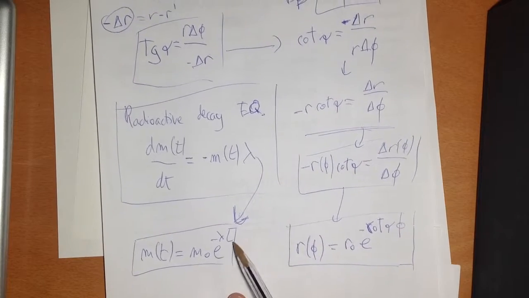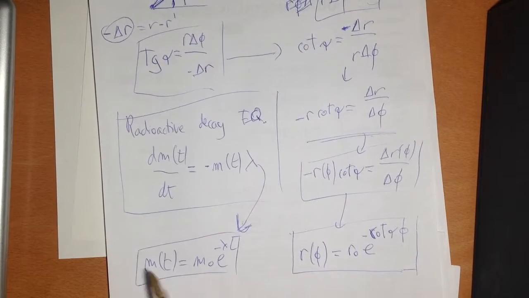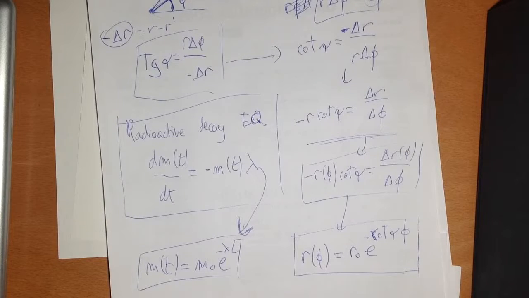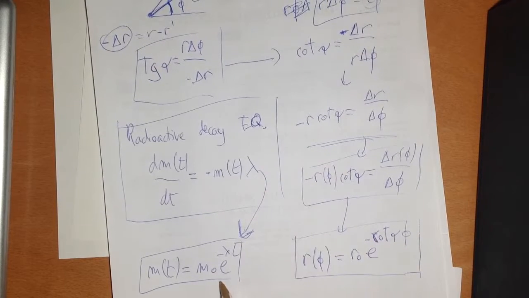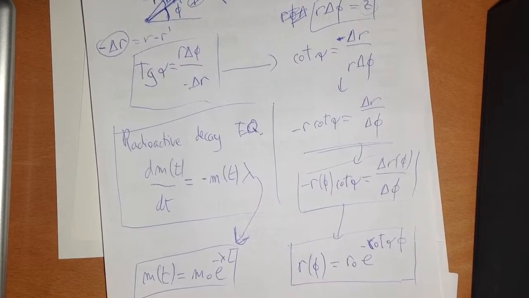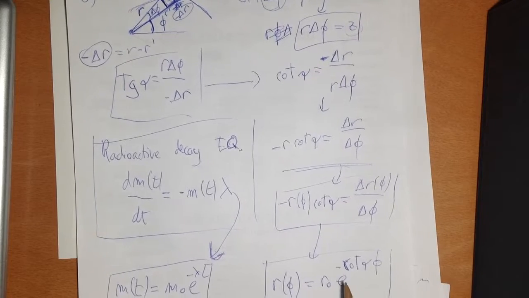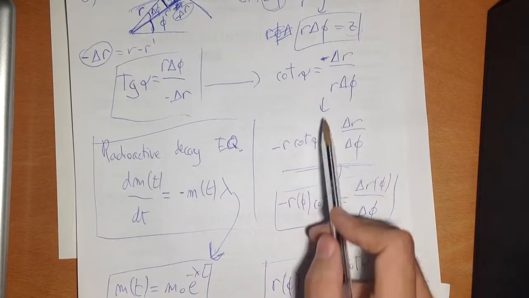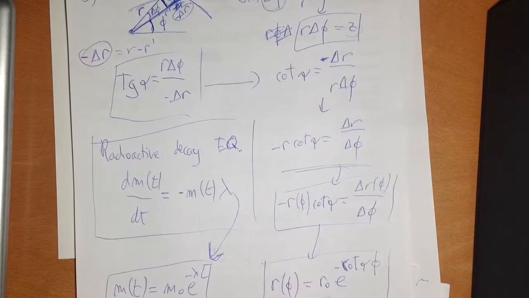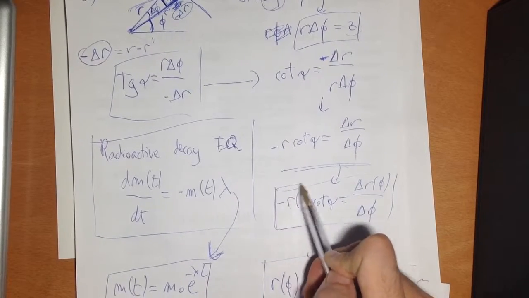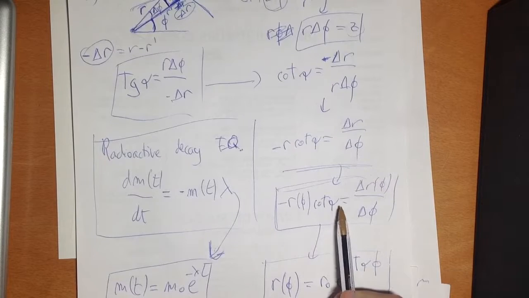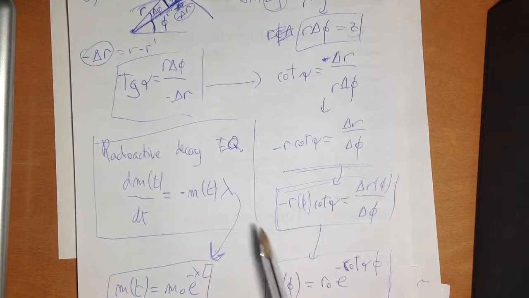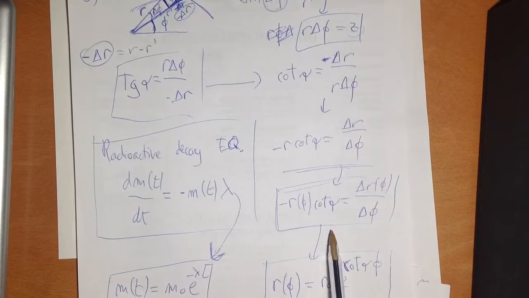I already wrote down the solution, because I don't want this video to get too long. As you can see, we have the solution already, and everything is clear. Once we are here, we can clearly see that those are analogous.